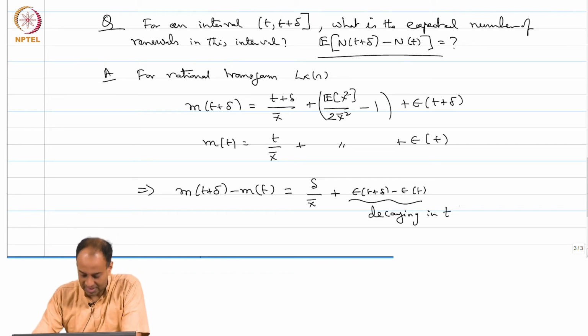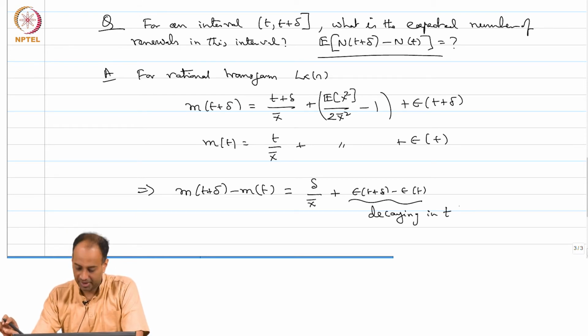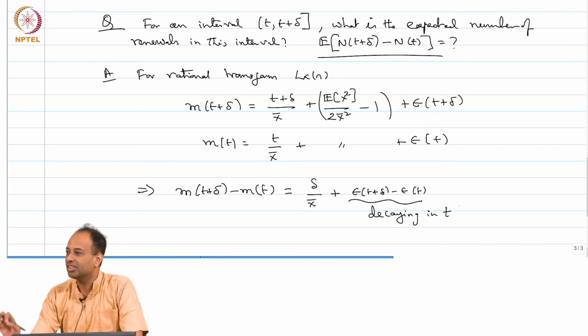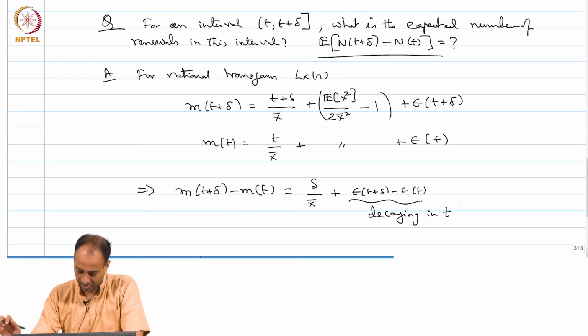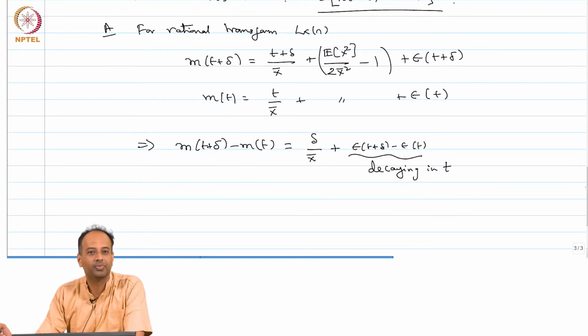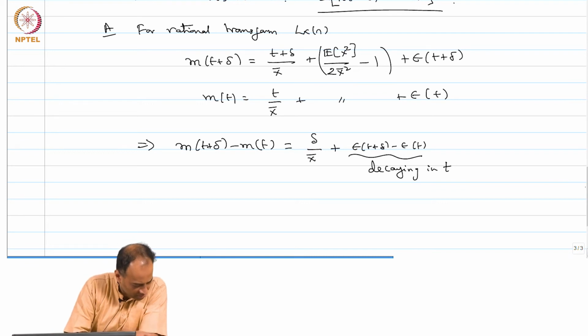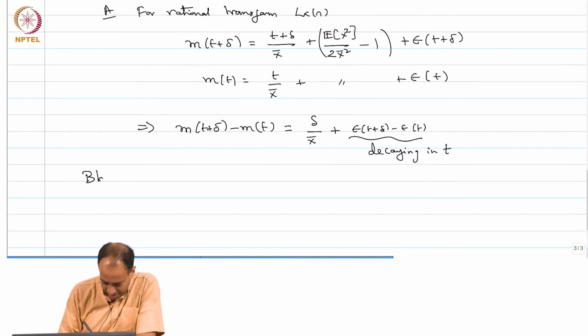So, for large t, expectation of N t plus delta minus expectation of N t behaves like delta over x bar. So, this is Blackwell's theorem. This is a very important theorem. Let me put that down. Let me state the theorem first.